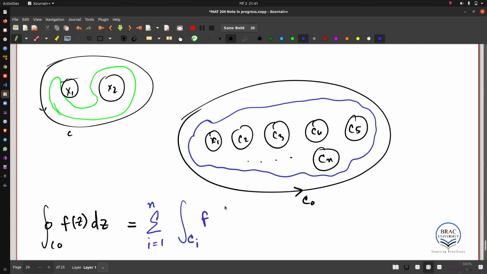What do I mean by that? You evaluate the integral for the functions along these small circles that enclose the holes. In fact, you will realize later when we study residue calculus that these points are most of the time called singular points of a function, and they have this non-trivial contribution, and most of the time we'll be interested in finding out that contribution. So from here you can write it as this. This is what it means.